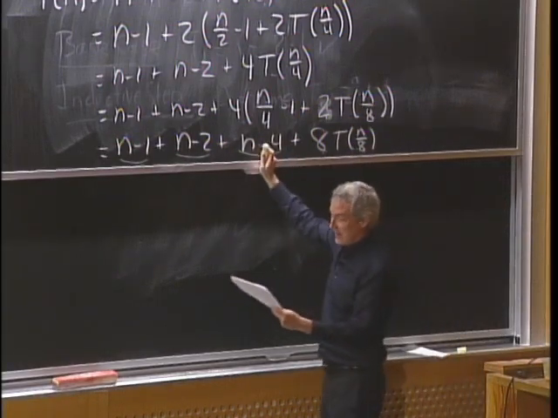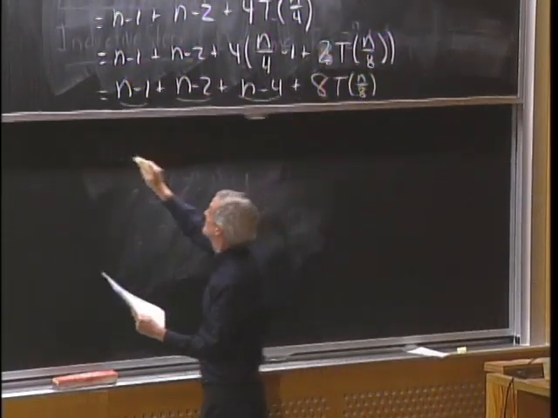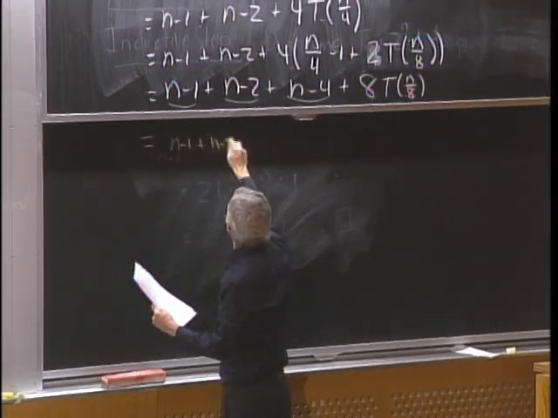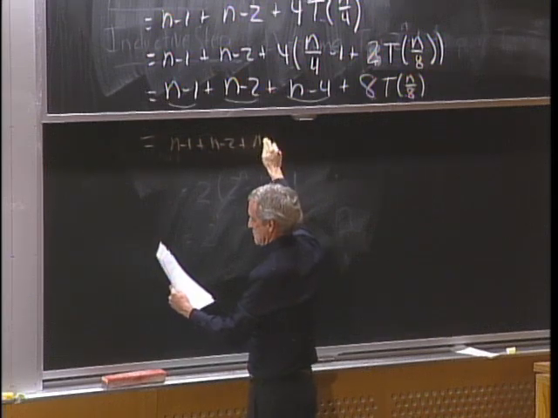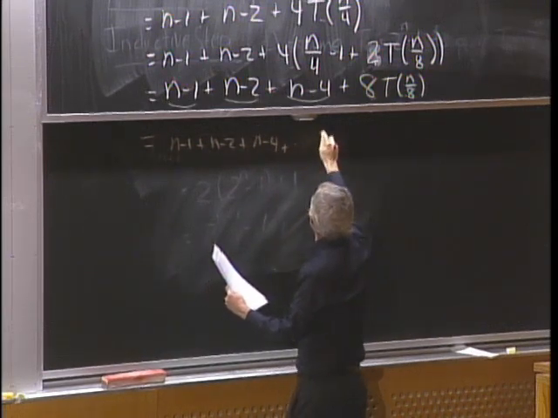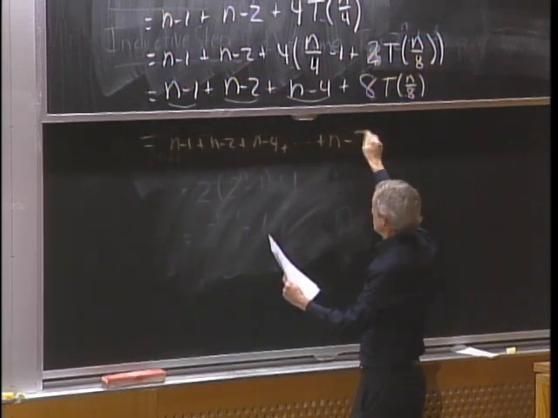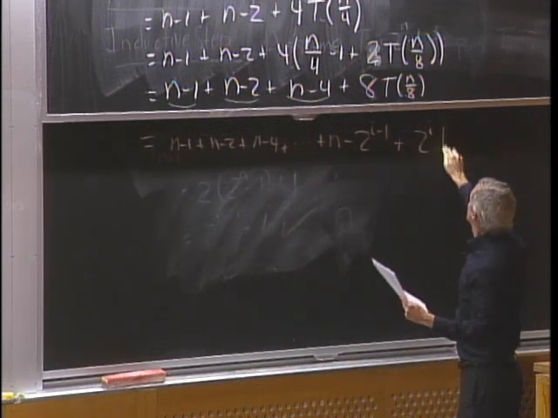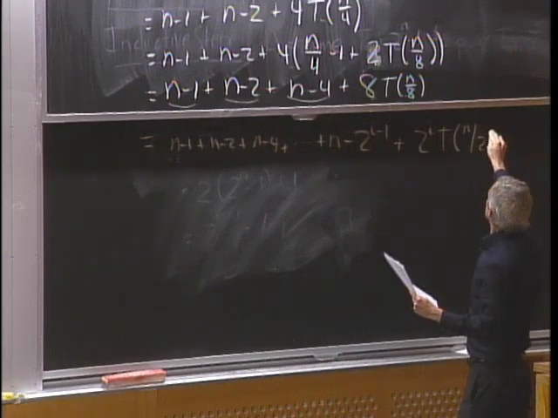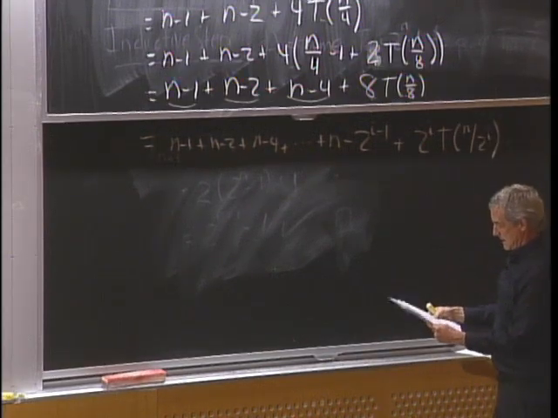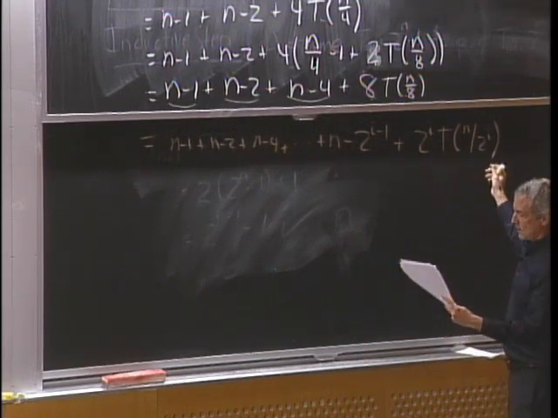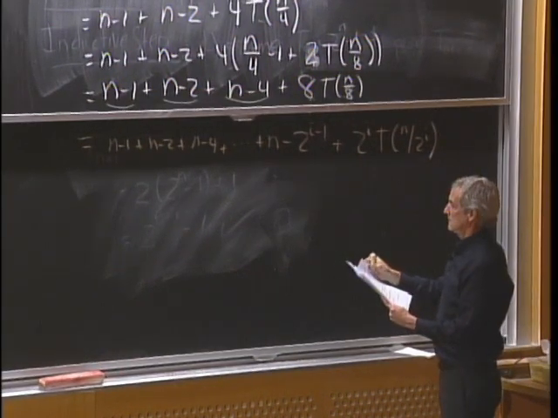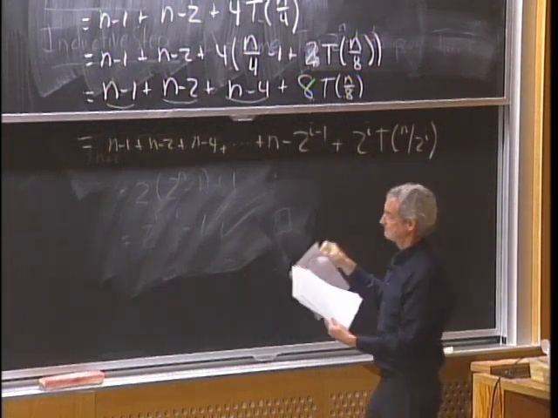So we could guess now that the pattern is n minus 1 plus n minus 2 plus n minus 4 all the way out to plus n minus 2 to the i minus 1, plus 2 to the i T(n/2 to the i). And now we go all the way down where i equals log n, base 2.